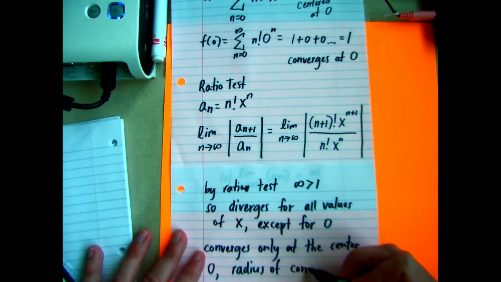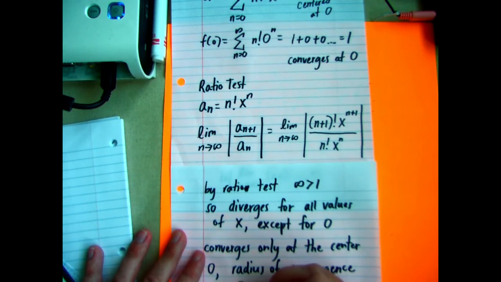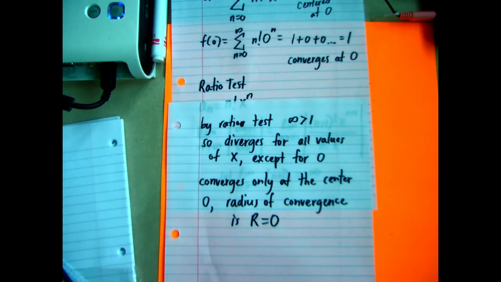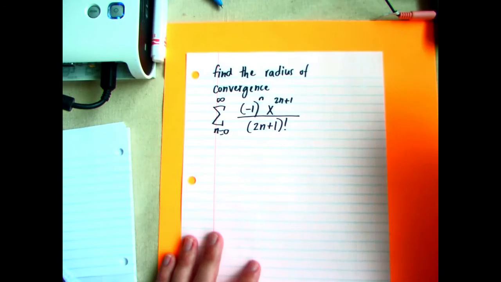The radius of convergence is kind of how far left and right of that center are you going to go to have an interval of convergence. Well, if the center is the only value of x in which there's convergence, the radius of convergence is 0.